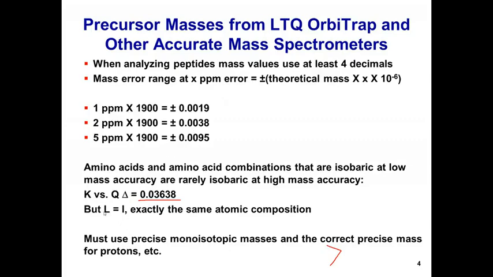Nonetheless, there are some situations where I have an exactly isobaric situation. One is the amino acids leucine and isoleucine, which have exactly the same amino acid composition and therefore are identical. The only way you can distinguish between leucine and isoleucine is with a high energy fragmentation that would actually fragment the side chains.